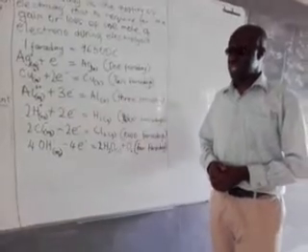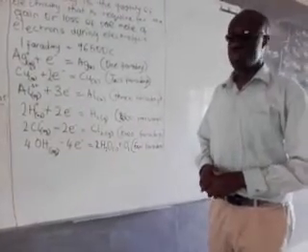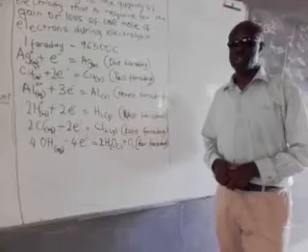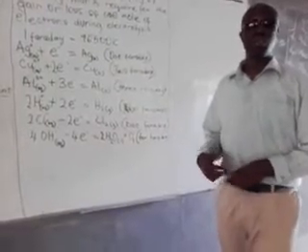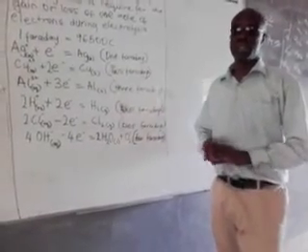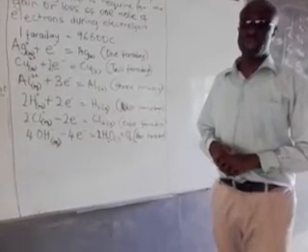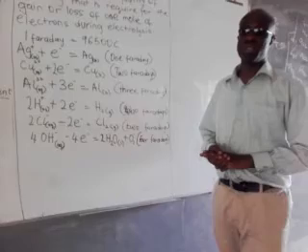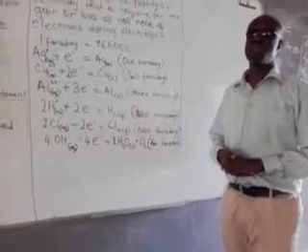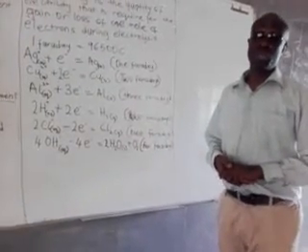We can also write this equation as 2O2- loses 4 moles of electrons to give us 1 mole of O2 gas.